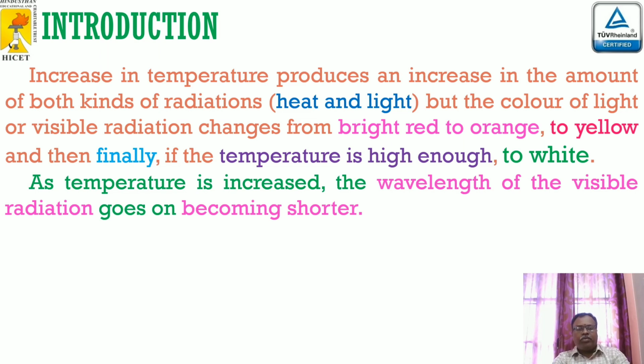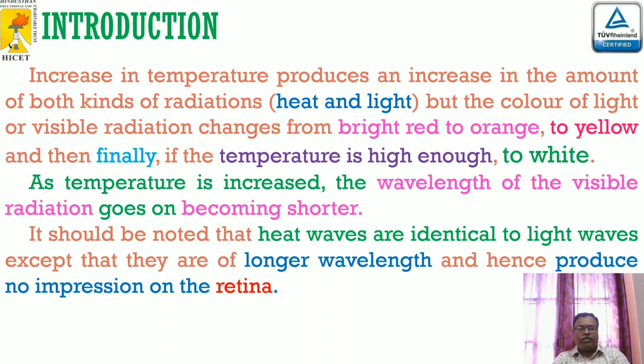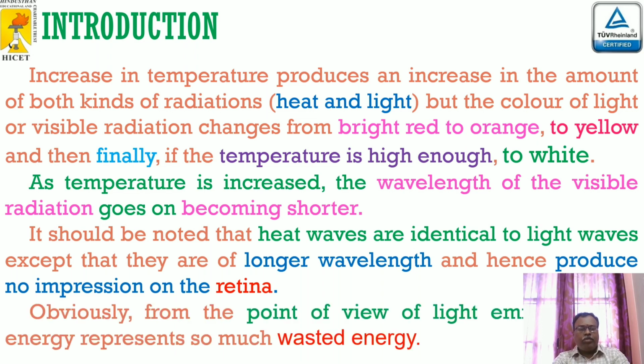So as temperature is increased, the wavelength of the visible radiation goes on becoming shorter. It should be noted that heat waves are identical to light waves except that they are of longer wavelength and hence produce no impression on the retina. Obviously, from this point of view, the energy emitted as heat represents so much wasted energy.